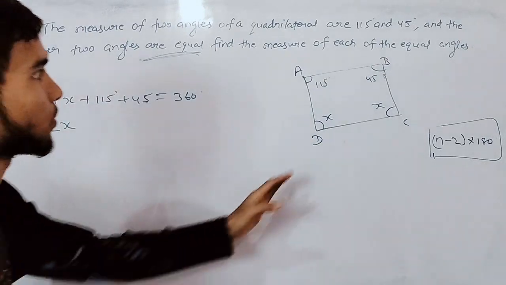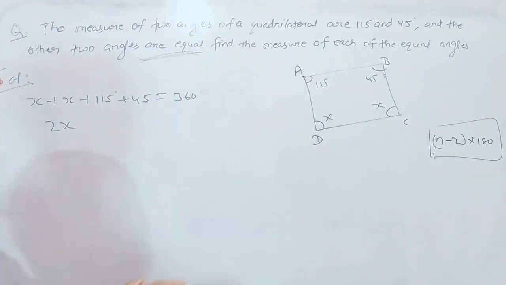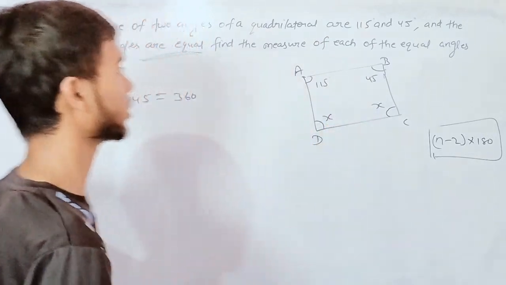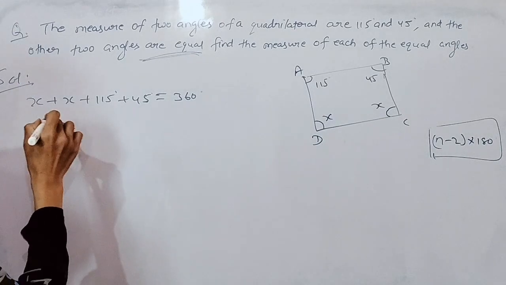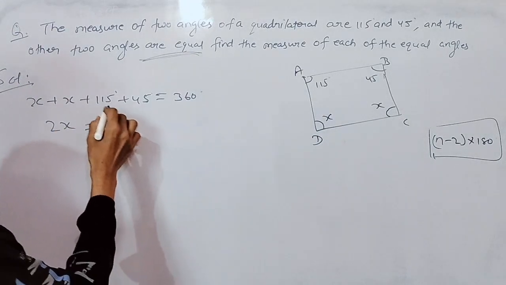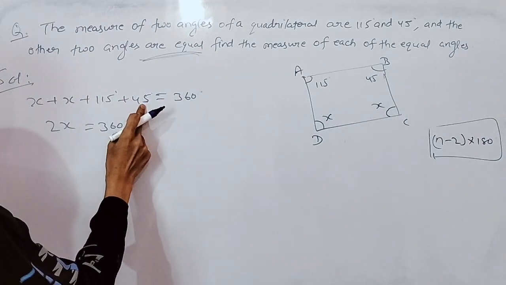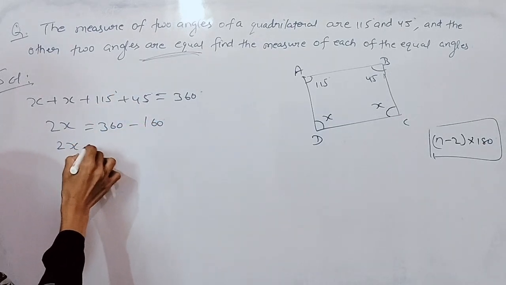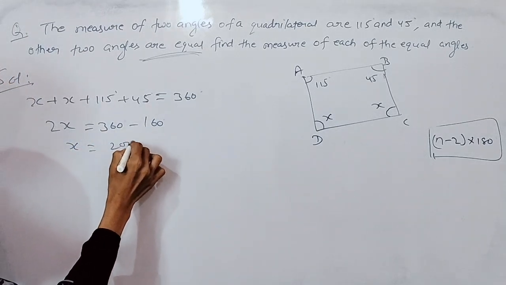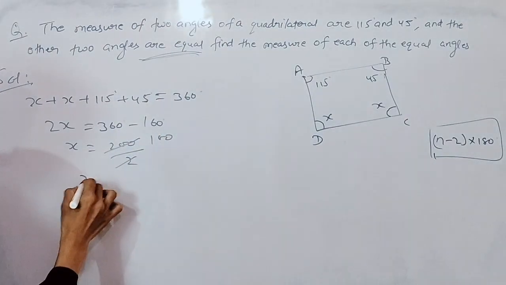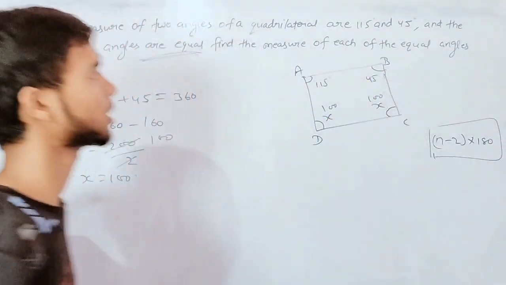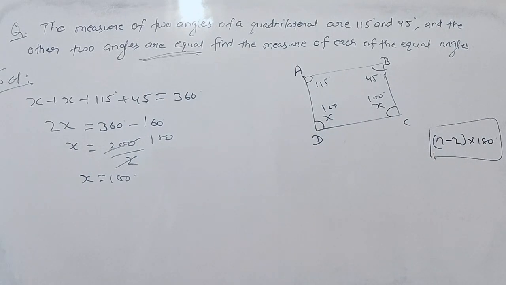From this equation we will get the value of x, and then the same value will be here. 360 minus 160 is 200. So 2x is 200, and x is 200 upon 2. X came as 100. It means this is 100, and this is also 100. So this is our answer. Clear?